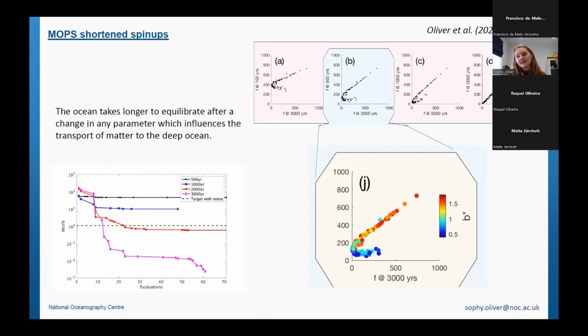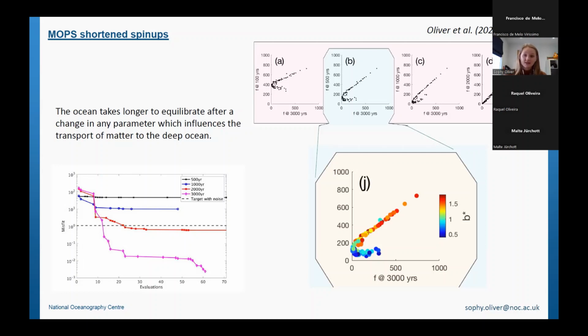So if you have sinking organic matter in the North Atlantic and it reaches the deep Atlantic, you then need to give the model enough time for this matter to travel all the way along the base of the global ocean conveyor belt, where it passes through the Atlantic, the Indian Ocean, and ends up in the deep North Pacific. So you need to see all of that happen to be able to get to an equilibrated state.